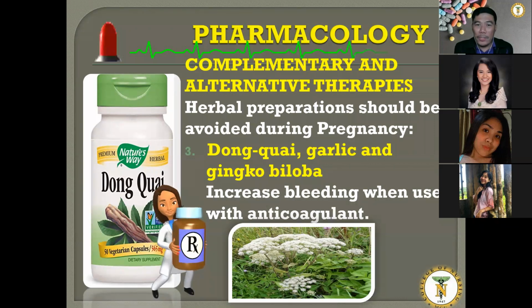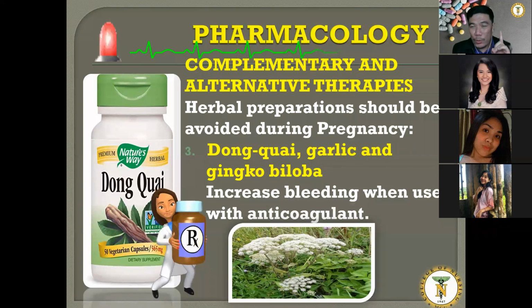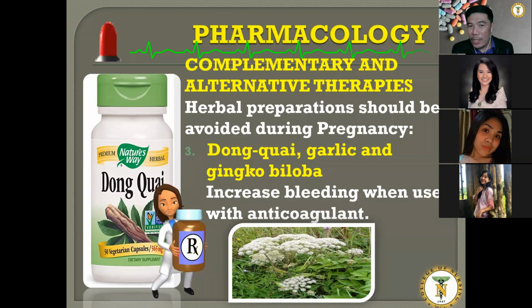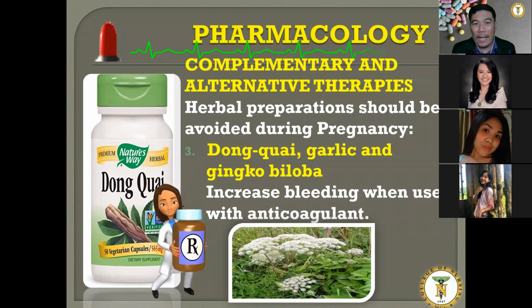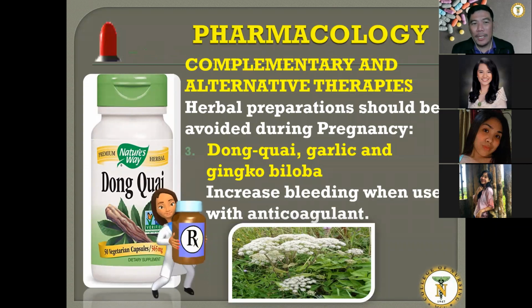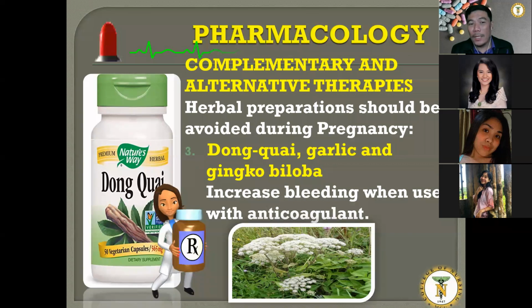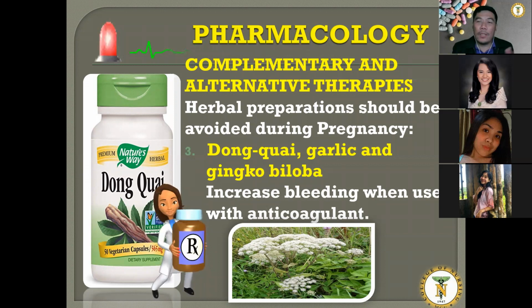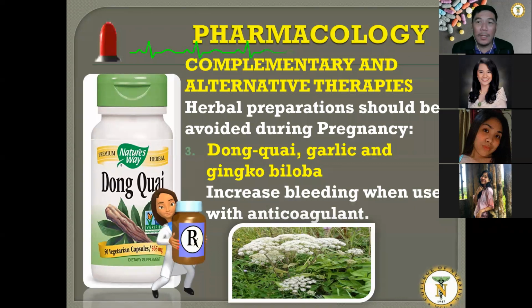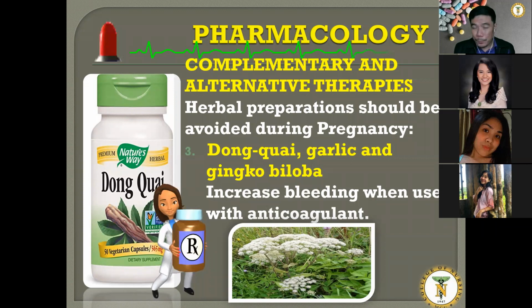If the pregnant mother is receiving these, as much as possible, discontinue if she is taking any of this dong quai, garlic, and ginkgo biloba. Aside from the fact that dong quai is considered a dietary supplement, this may increase bleeding. And as I've told you, this may cause a possibility of abortion.